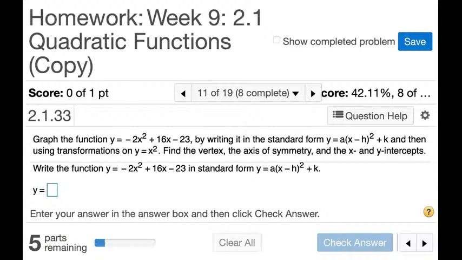I want it from here to here. It's pretty good. And what I want to do is if I hit share, there you go.